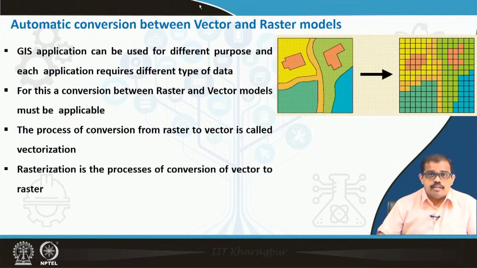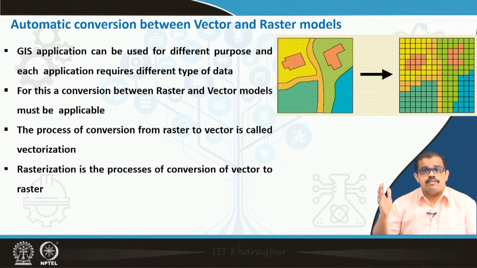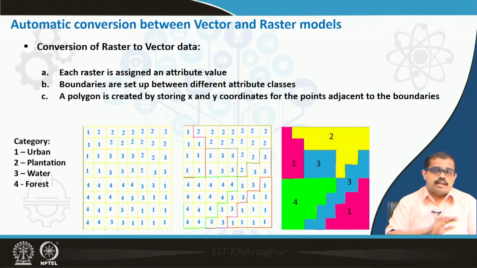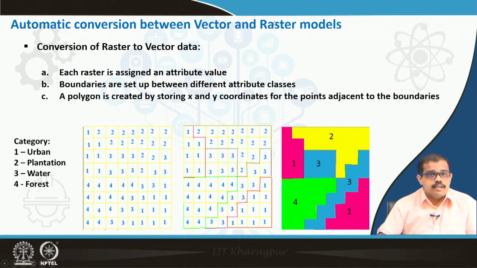For example, when you have this to be converted to pixels, you should know what is actually the resolution of that particular conversion. I will give you complete details of how you convert raster to vector and vector to raster. Let us say this is the raster data that you have considered, 1, 2, 2, all of these are representing different land use classes in this particular image.